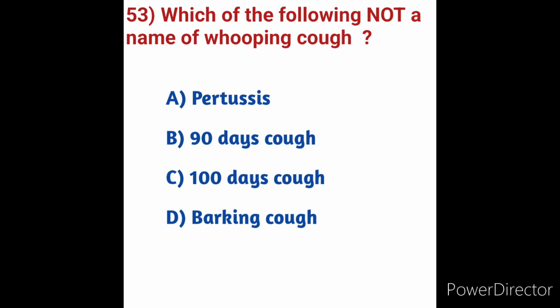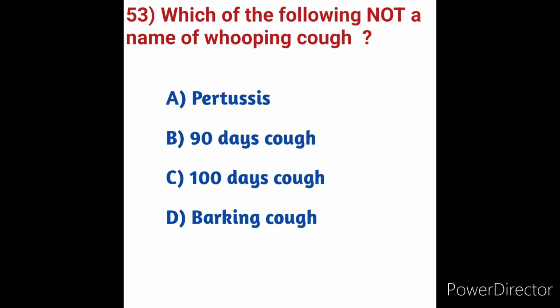Option D, barking cough. Pertussis is also called whooping cough. It can cause a serious illness in people of all ages but is most dangerous for babies. Getting vaccinated is the best way to protect against pertussis.